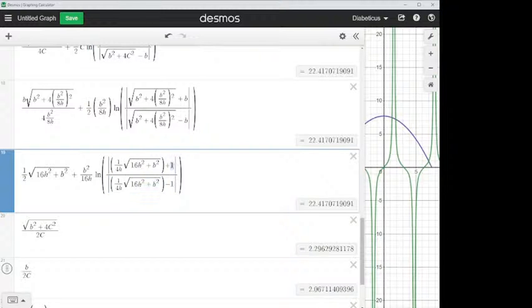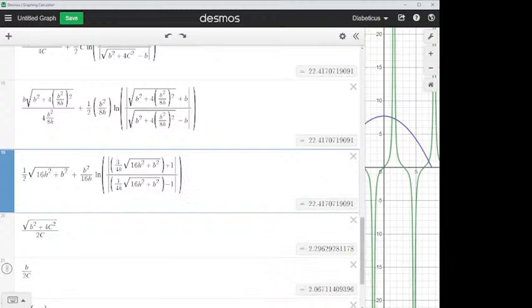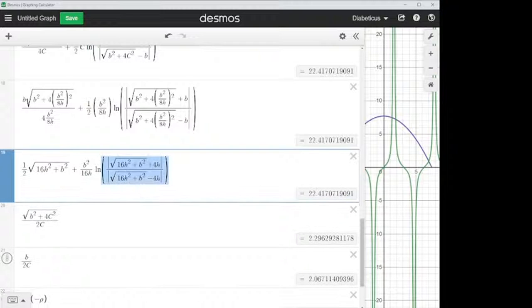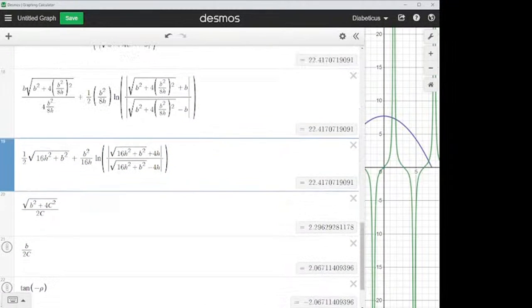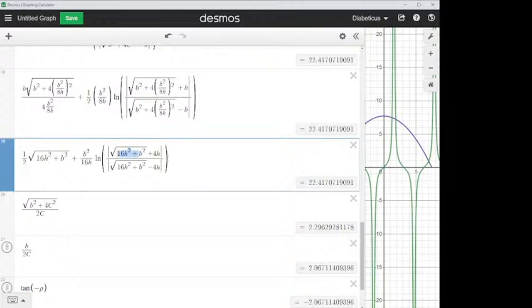Let's multiply 4h on both of these. This guy dies, this guy also dies, this one dies. And well, is there anything else we can do here? Can we do anything else here?